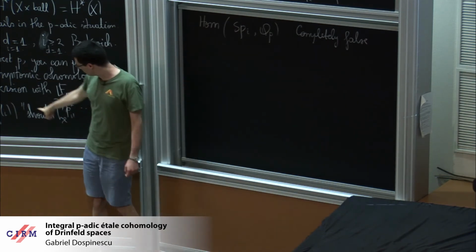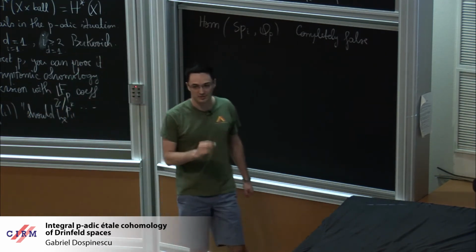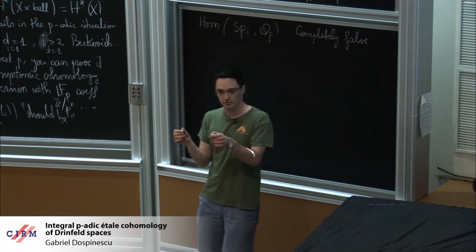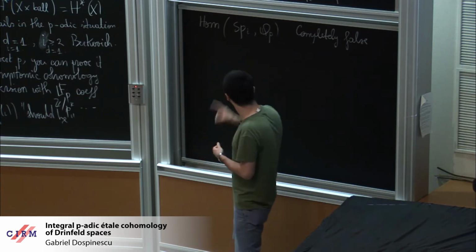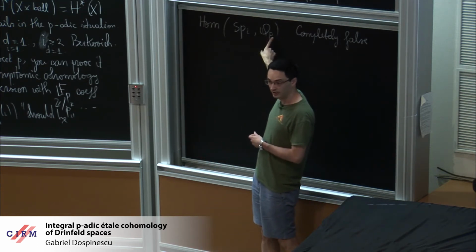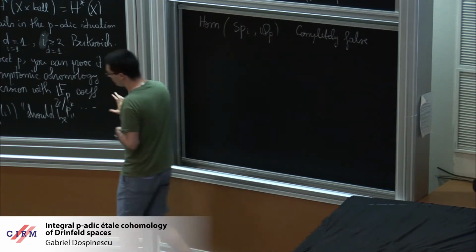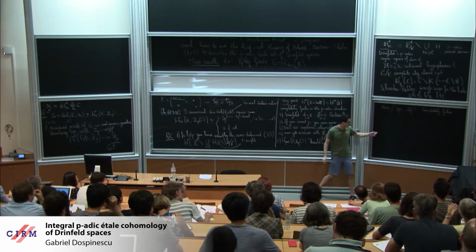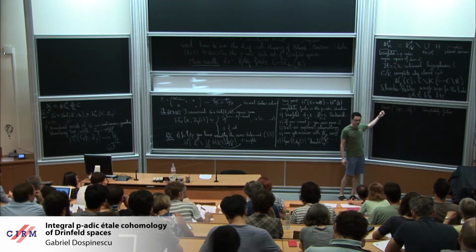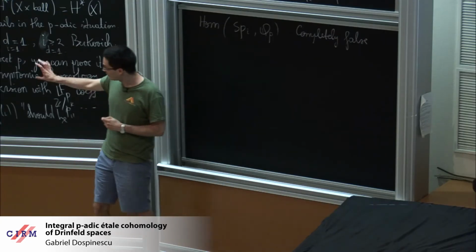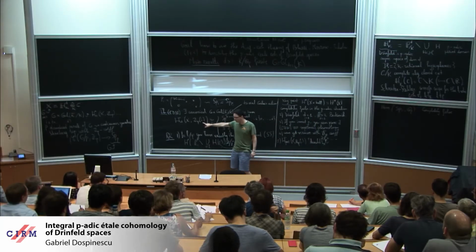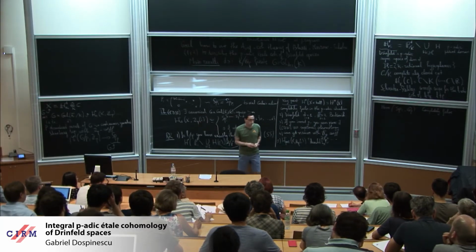Well, I mean, it should be with this, because if you look at the Schneider and Stuhler computation, if you put L here, then this is exactly what you get. I mean, the p-adic computation for pro-étale cohomology suggests that this is the formula that you should get, and unfortunately it is completely false. While for p-adic cohomology with integral coefficients, you really get the same thing as in the p-adic world.